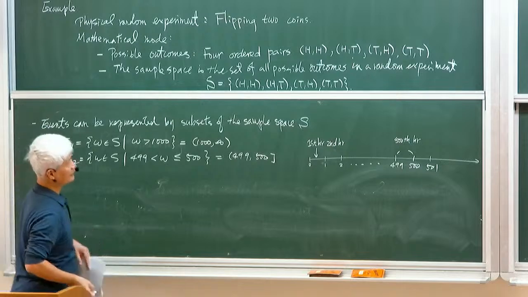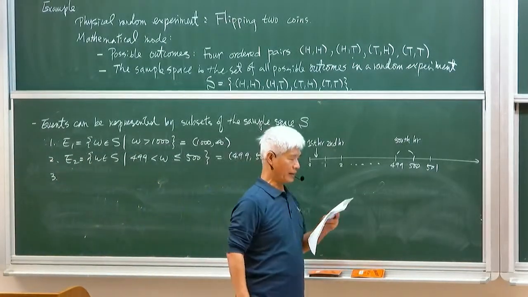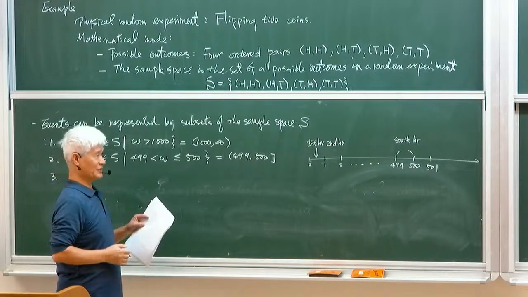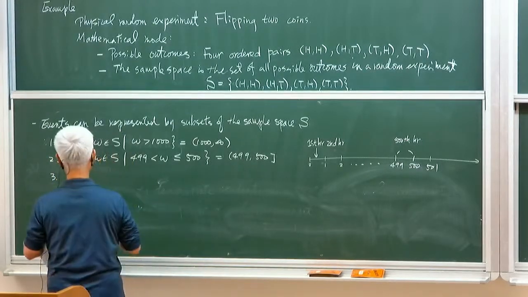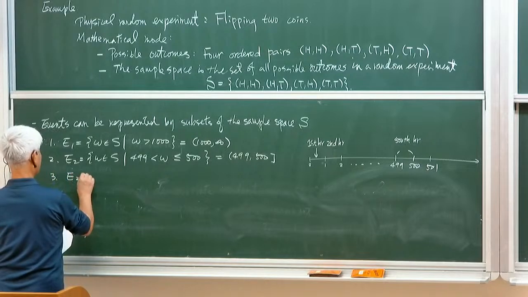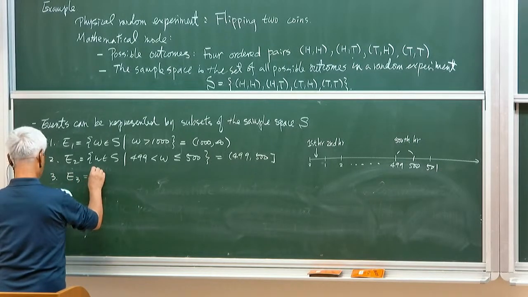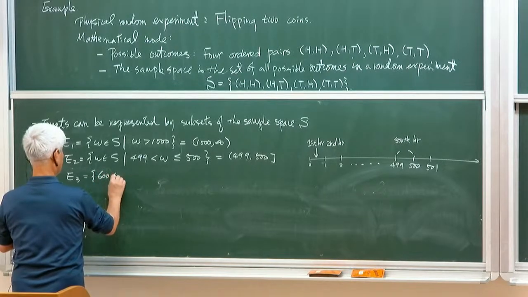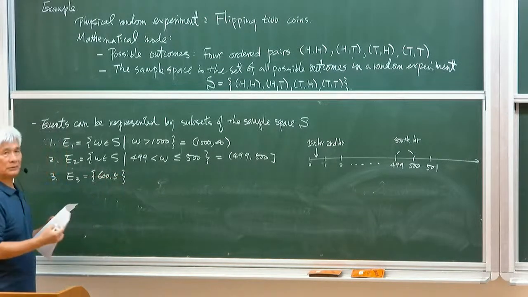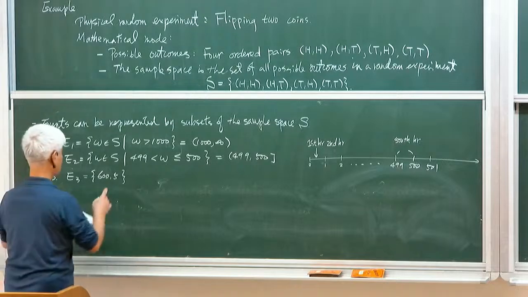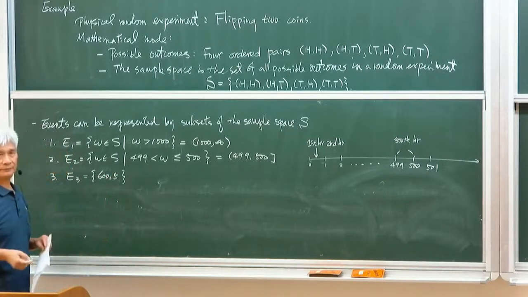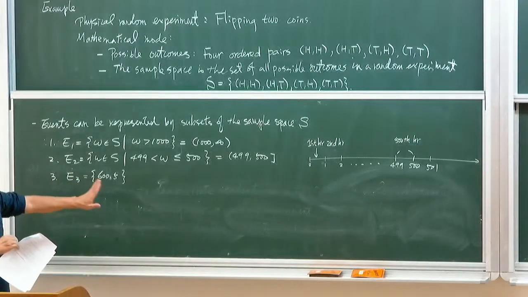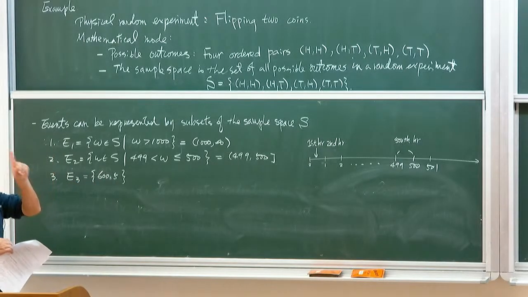And the third event, which says that the bulb is broken just at the moment of 600 hours and 30 minutes. The unit is hour, so that is exactly 600.5 hours, which consists of only one point.